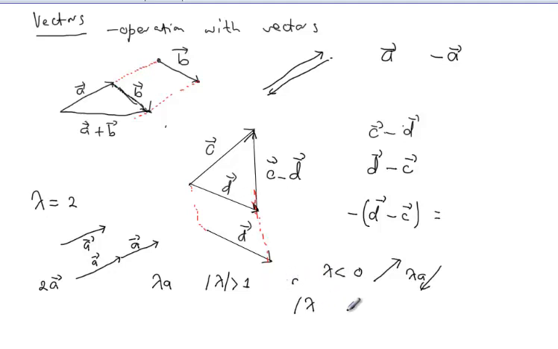But if the absolute value of lambda is between 0 and 1, let's take half A. If I take half A, what's going to happen?